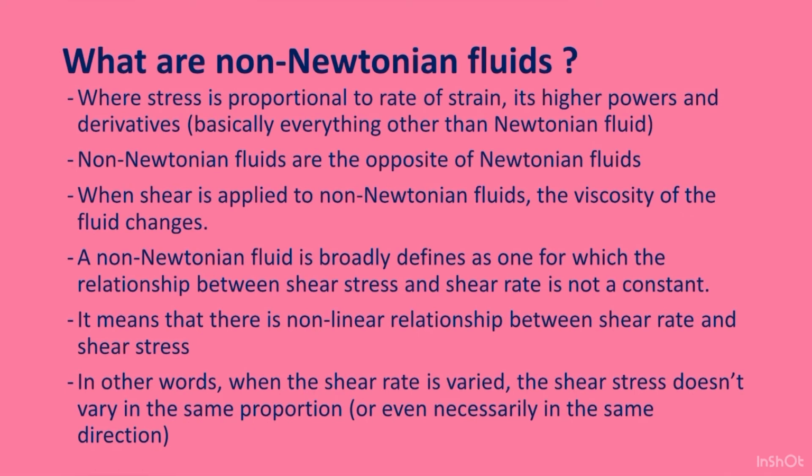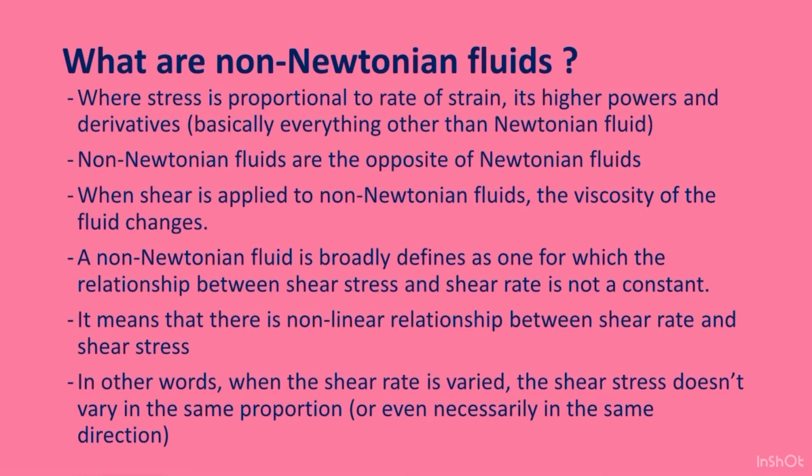Next, what are non-Newtonian fluids? Non-Newtonian fluids are where stress is proportional to rate of strain, its higher powers and derivatives, basically everything other than Newtonian fluid. So non-Newtonian fluids are the opposite of Newtonian fluids. When shear is applied to non-Newtonian fluids, the viscosity of the fluid changes. A non-Newtonian fluid is broadly defined as one for which the relationship between shear stress and shear rate is not constant.